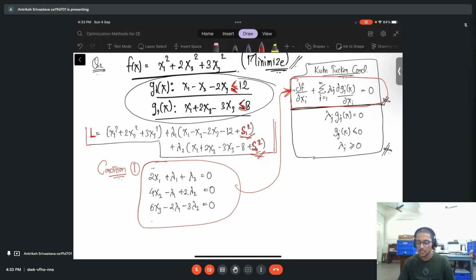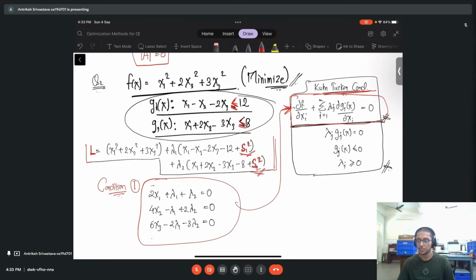So these are the Kuhn-Tucker conditions, necessary conditions for us to find the point of optima. First you have to differentiate this function with respect to a variable, then differentiate the constraints multiplied by their Lagrange multiplier with that same variable, and then equate to 0.